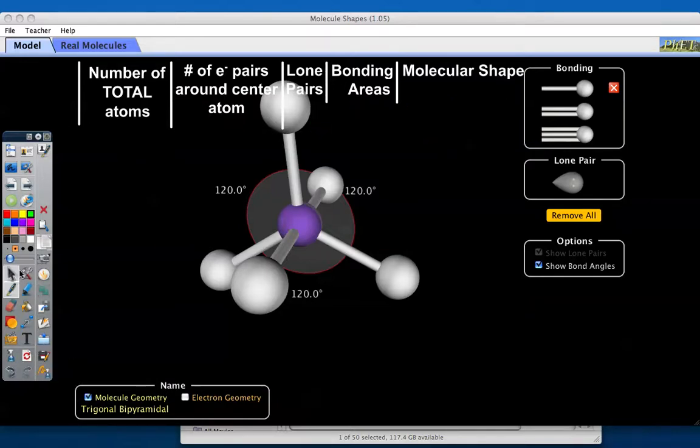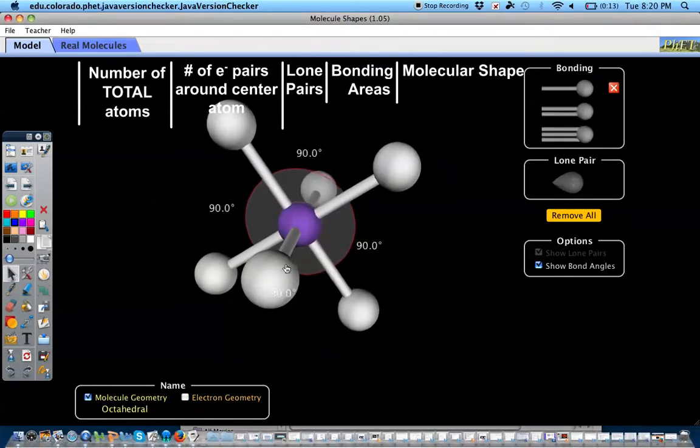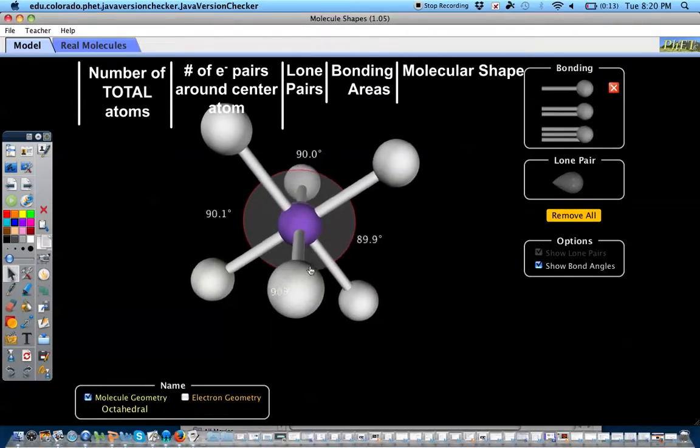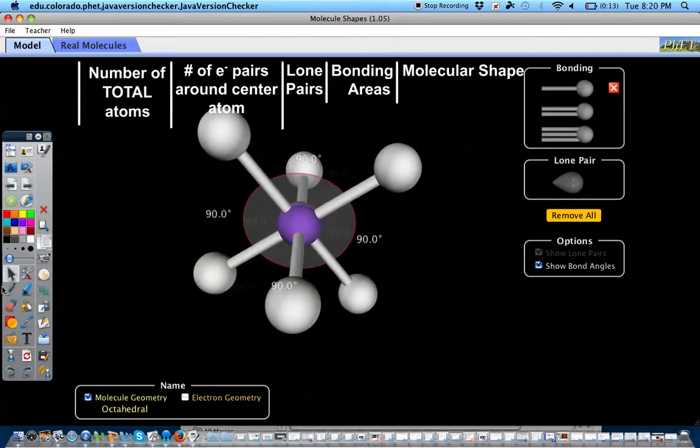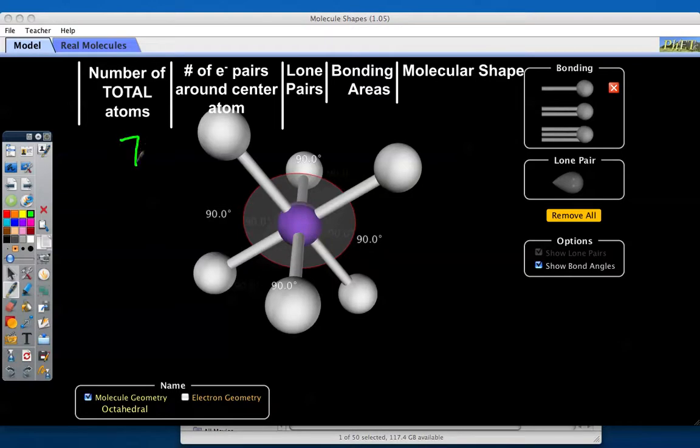And then if I add in a 6th atom coming off the center atom, so now I have a total of 7 atoms. I have 1, 2, 3, 4, 5, 6 bonding areas, 0 lone pairs, so that gives me a total of 6 electron pairs around the center atom.